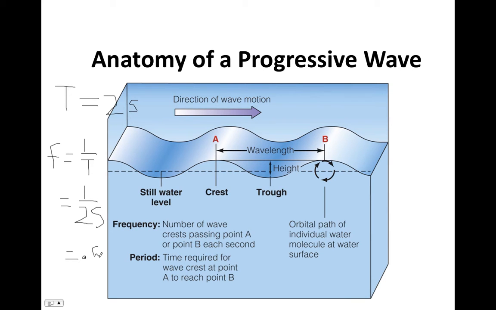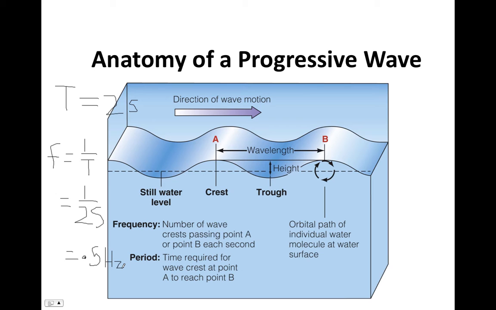Just as we said before, if it takes 2 seconds for a wave to pass by, it has a period of 2 seconds and a frequency of 0.5 hertz. Hz is the abbreviation for hertz.